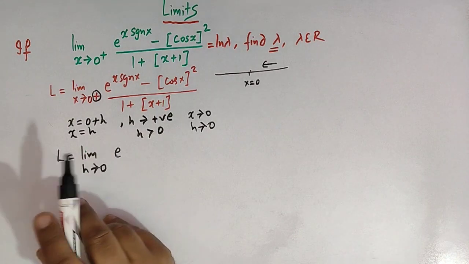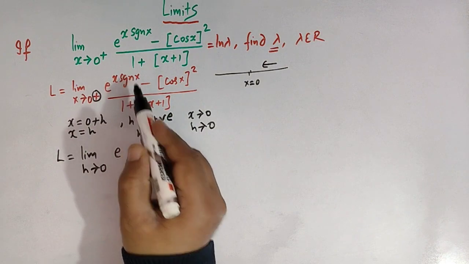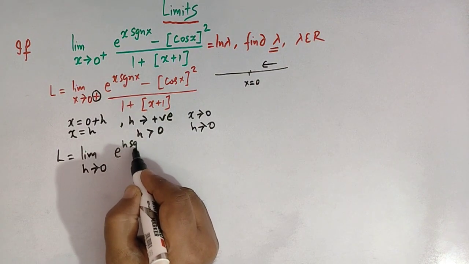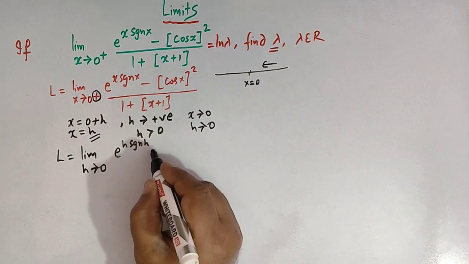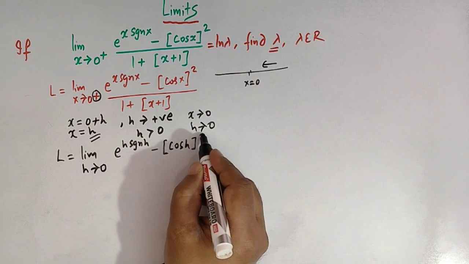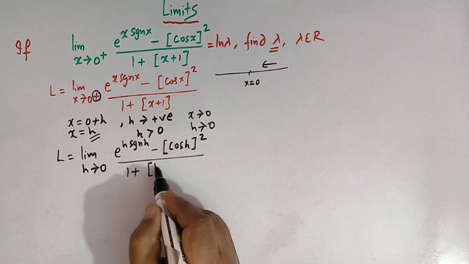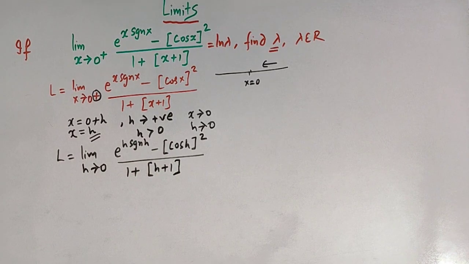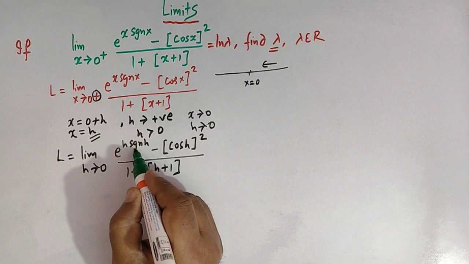So now we write e raised to h signum of h, because x is replaced by h, and here we have the square of greatest integer of cos h, and here we have 1 plus greatest integer of h plus 1. Okay, so now we'll first take this signum function.